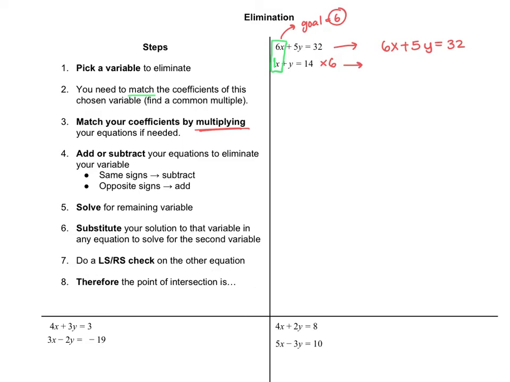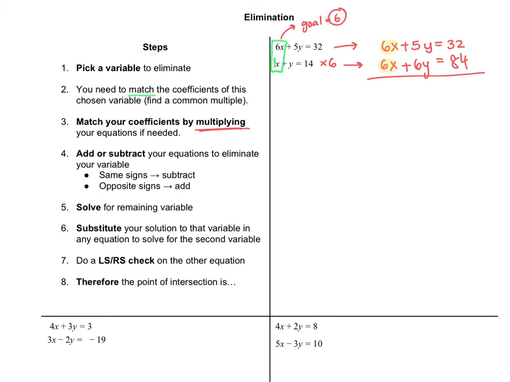So 1x times 6 is 6x, y times 6 is 6y, and 14 times 6 is 84. Once we are here, our chosen variables match. They have the same number in front.